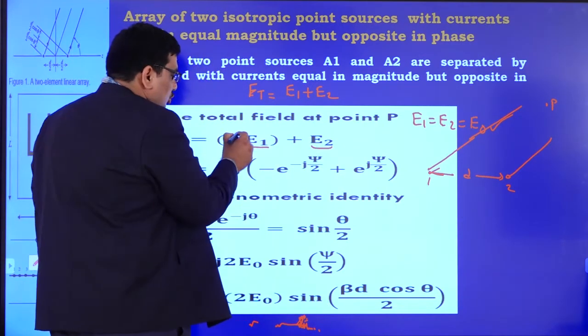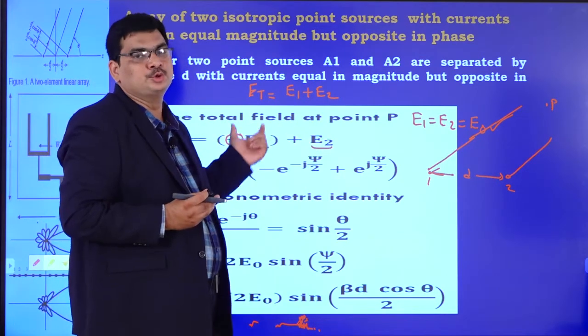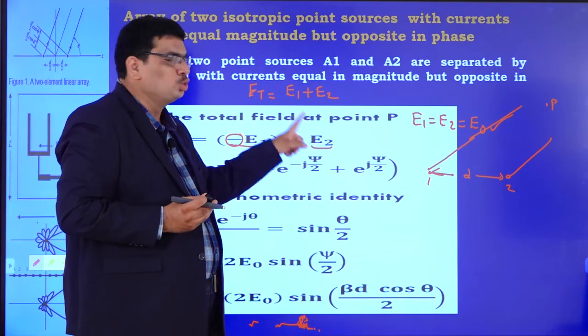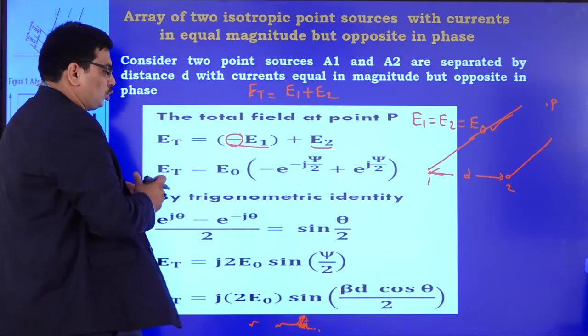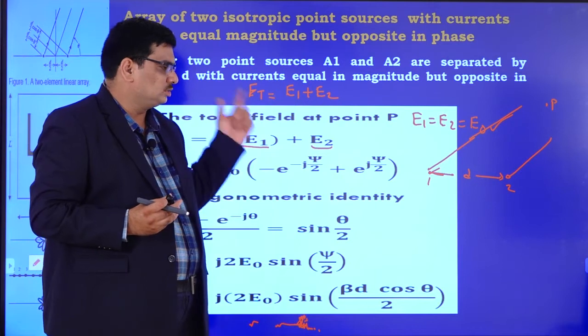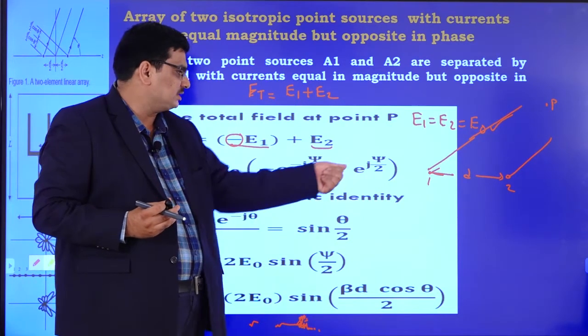This minus indicates that it is out of phase with E2, or there is a 180 degrees phase shift between the 2 element sources. So your Et is equal to E0 e power minus j psi by 2, we derived that, and this is E0 e power j psi by 2.